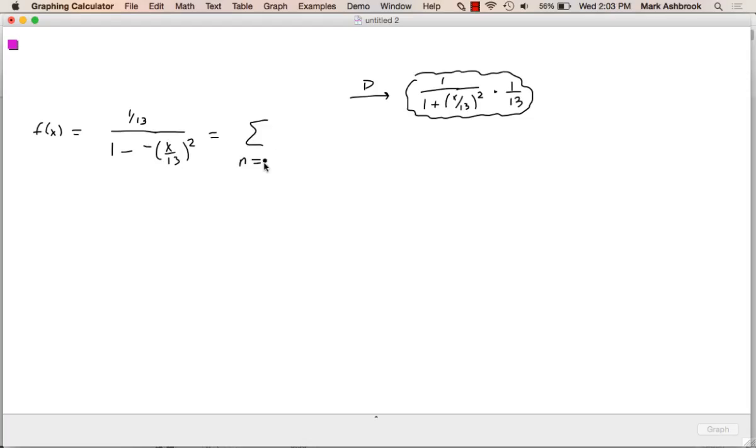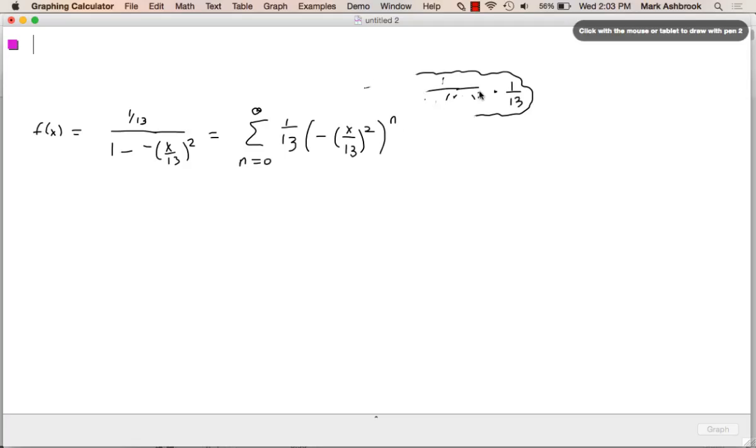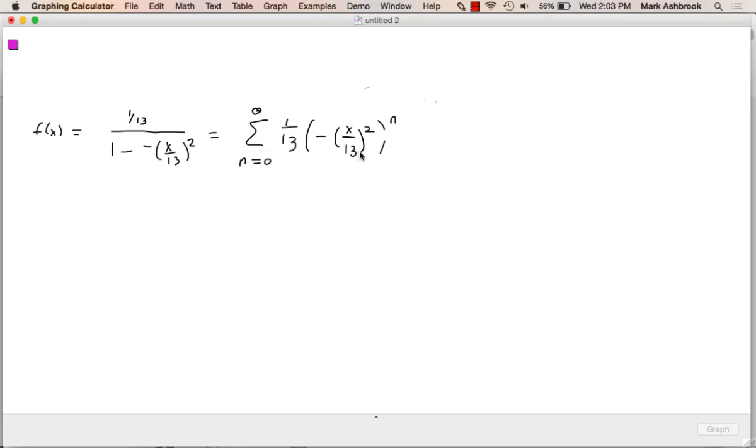The sum from n equals 0 to infinity. A is 1/13 times negative x over 13 squared to the n. So let's simplify that. That's 1/13, negative 1 to the n, and then x over 13 to the 2n.